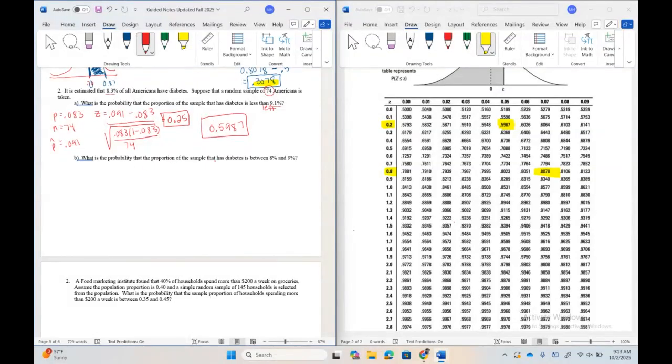What is the probability that the proportion of the sample that has diabetes is between 8 and 9%? So I have a p-hat of 0.08 and a p-hat of 0.09, and we want to figure out the probability that we're between these two values. So let's find some z-scores.